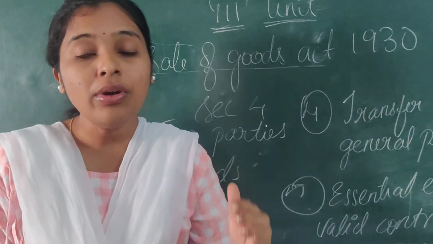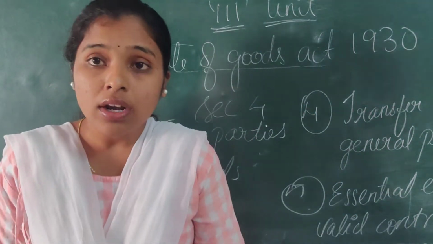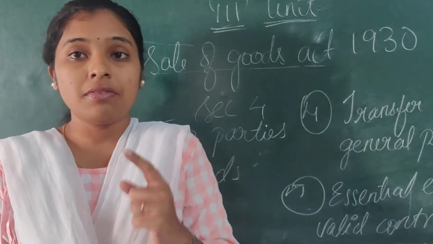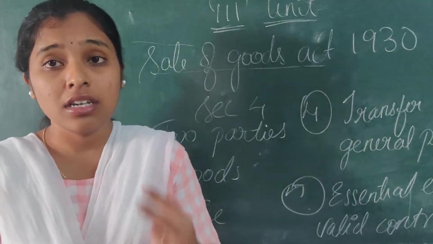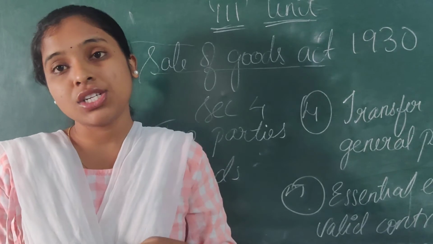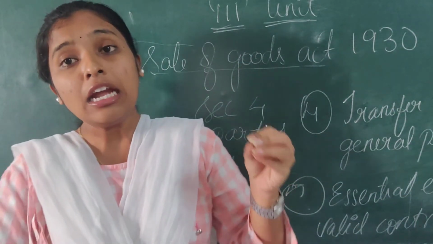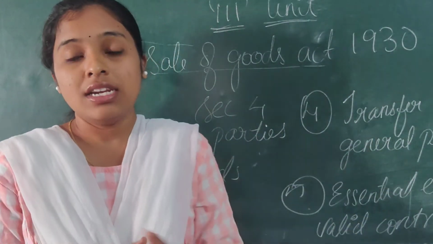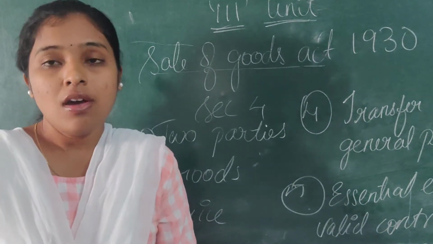If they are included in the sale, that sale will become valid. What are the essential elements of a valid contract? We have discussed in the first unit the very important topics: offer and acceptance, lawful consideration, intention to create a legal relationship, free and genuine consent. If all those points are included in a sale, that sale also will become a valid sale. So this is the fifth essential element for a valid sale.